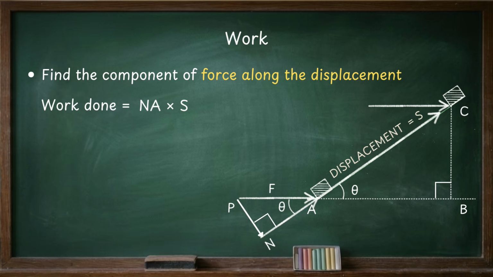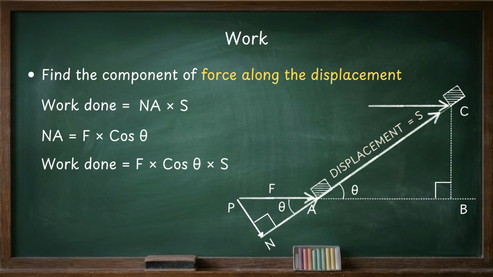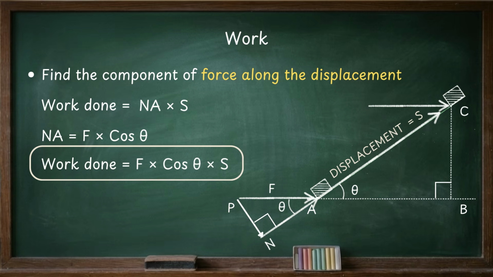In this triangle, NA equals F times cosine theta. If we multiply this force component by the displacement, we get the same result as earlier. Work done equals F cosine theta times S. So work equals the component of force times the displacement.